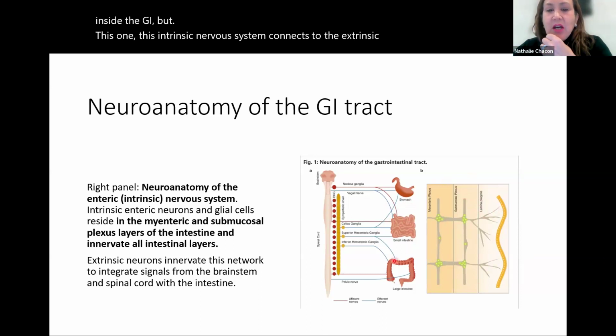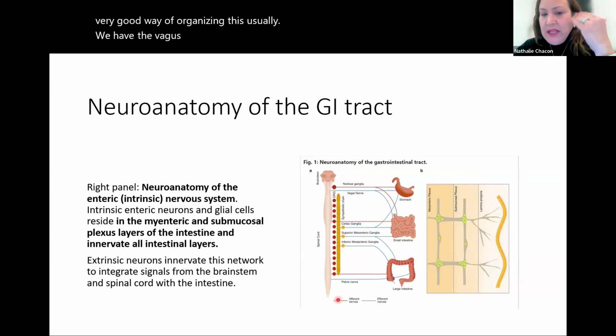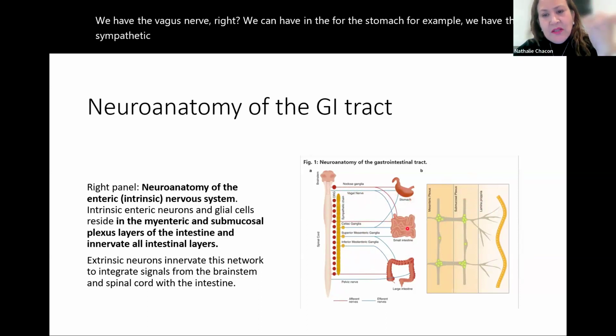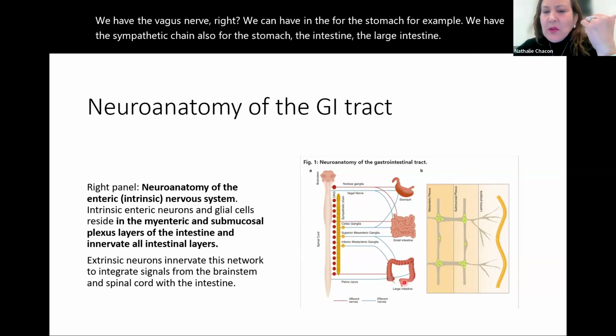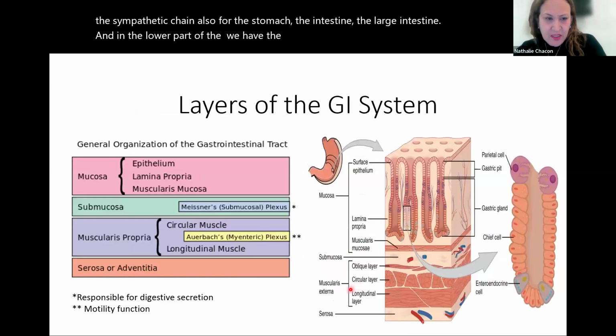And there is a very good way of organizing this. Usually, we have the vagus nerve, right? For the stomach, for example, we have the sympathetic chain, also for the stomach, the intestine, the large intestine, and in the lower part of the rectum, we have the pelvic nerve.